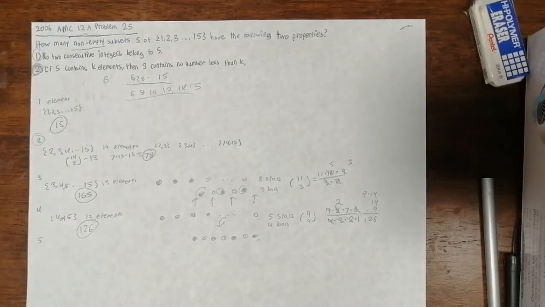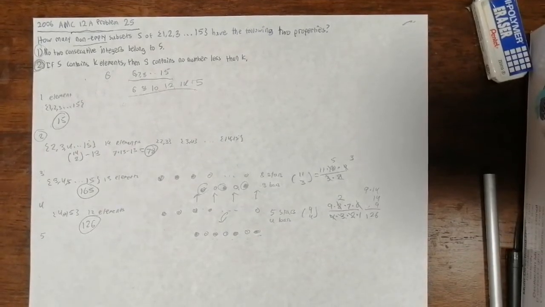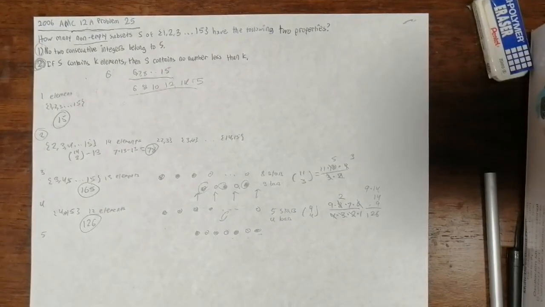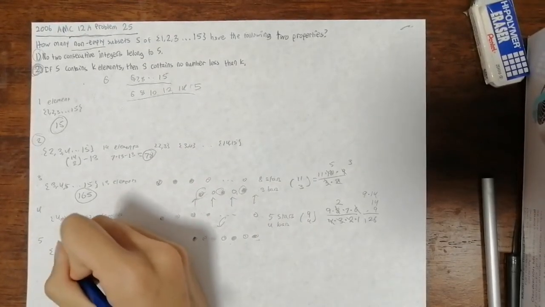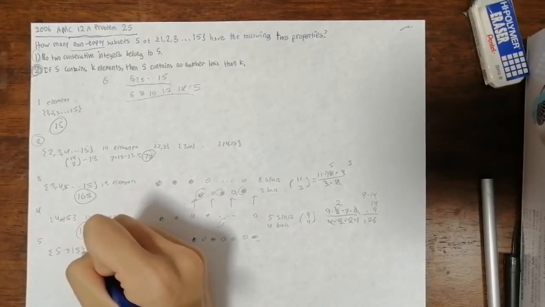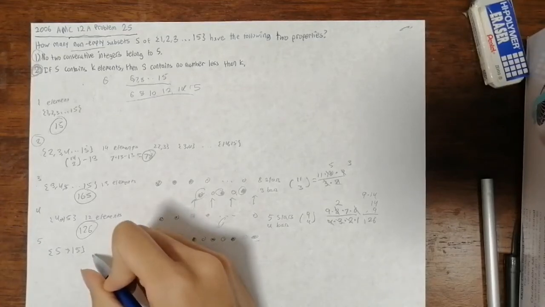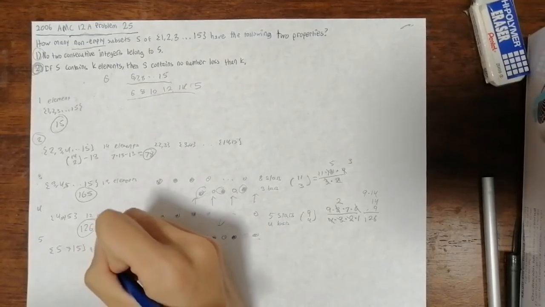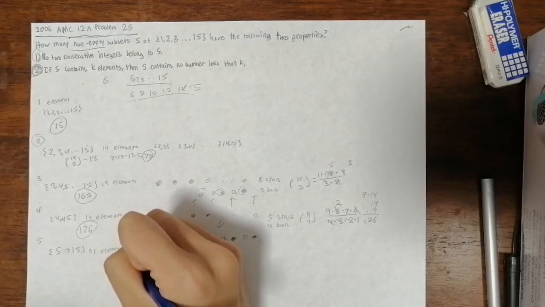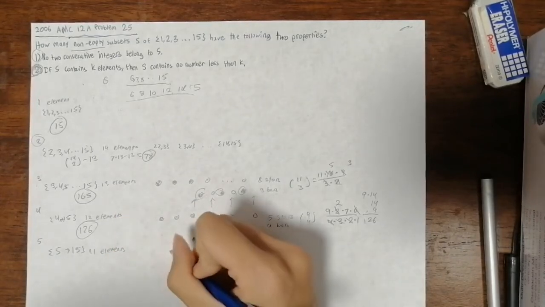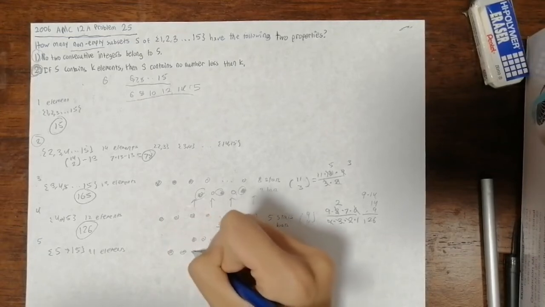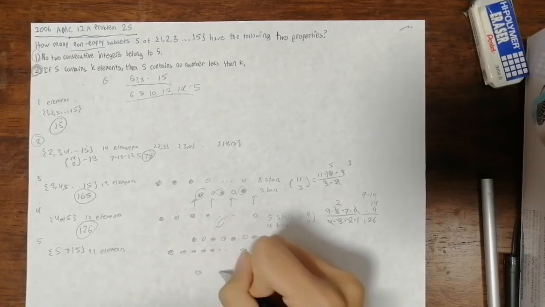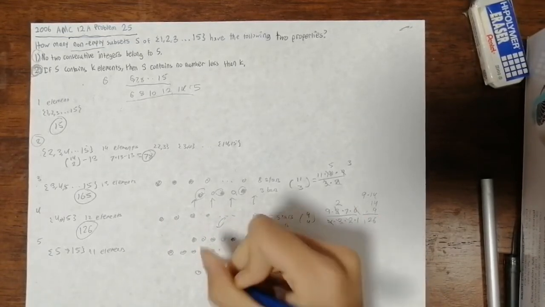And our final case is where S has 5 elements. Again, I'll just do the exact same thing. 5 through 15 is 11 elements. So let's say we have 11 stars. We pick 5 of them and guarantee that they're not consecutive.